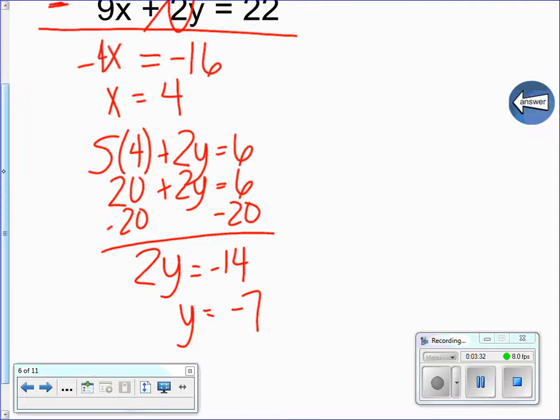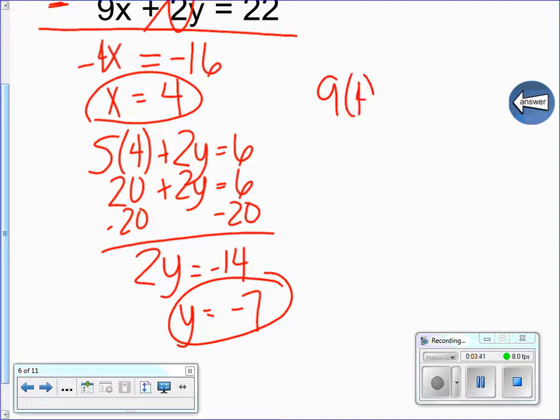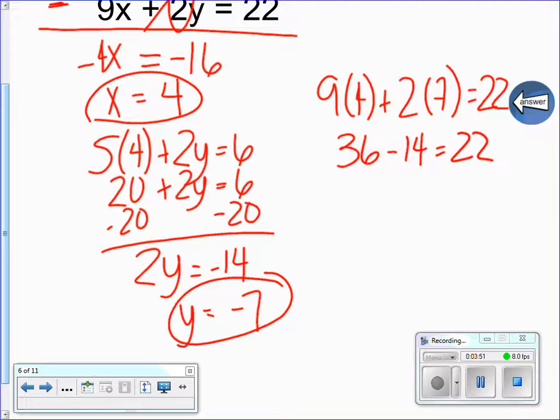Now I have my x and y, so let's plug them into the other equation and check. 9 times 4 plus 2 times negative 7 should equal 22. So 36 minus 14 equals 22. 22 equals 22. Check. My solution is (4, negative 7).